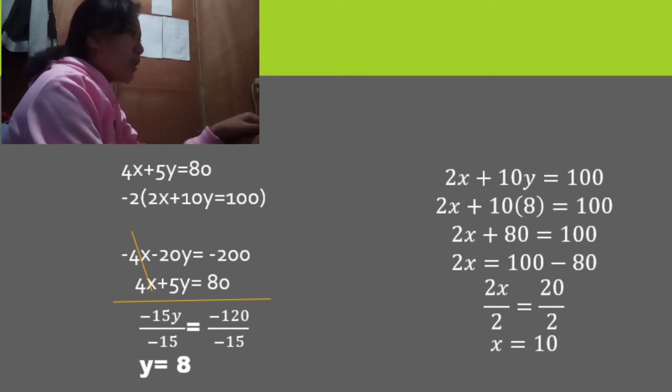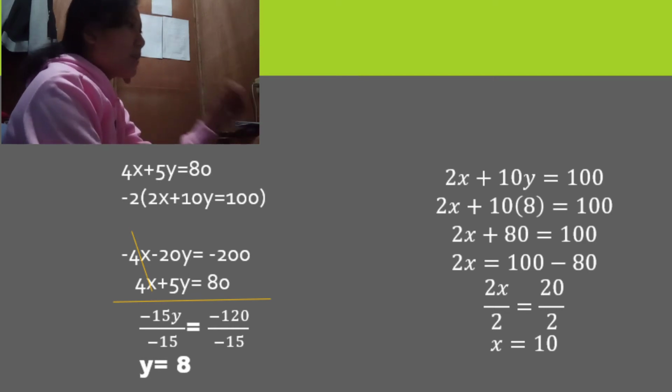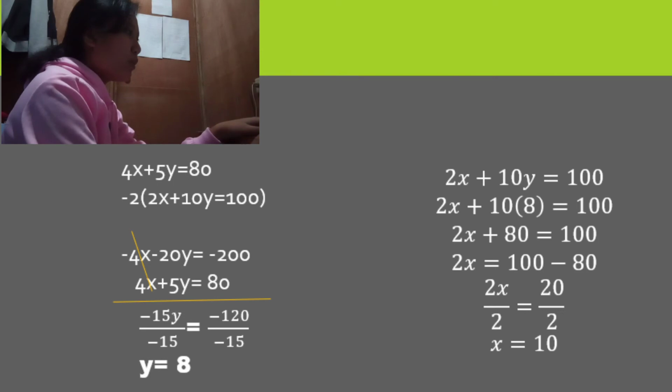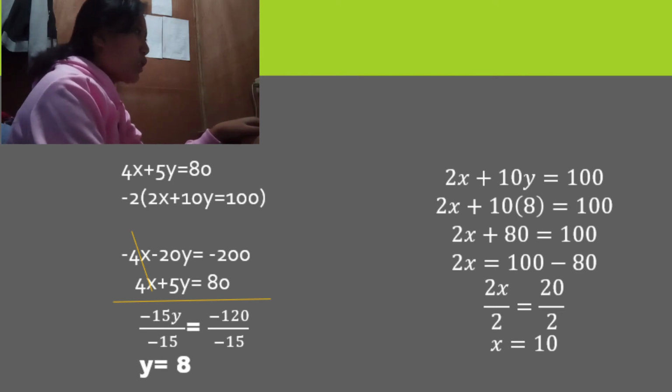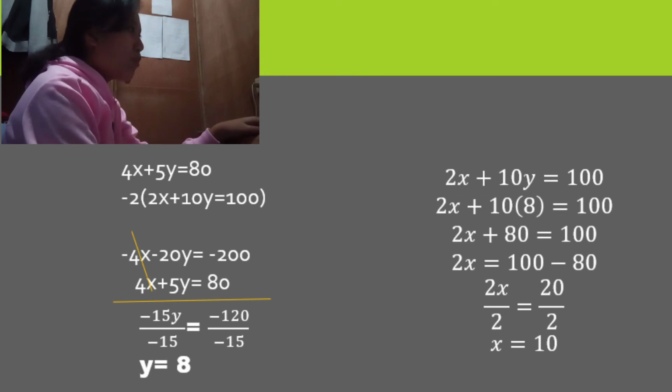Next, we need to substitute the value of y, which is 8. We use the second equation, which is 2x plus 10y is equal to 100. So 2x plus 10 times 8 is equal to 100.